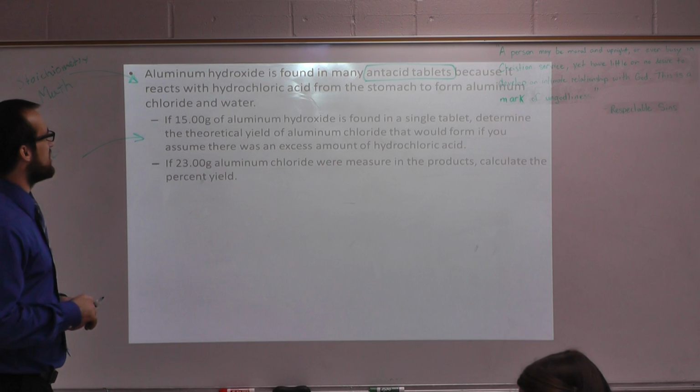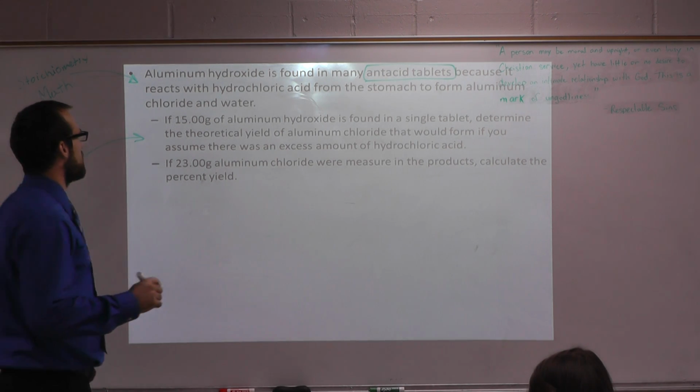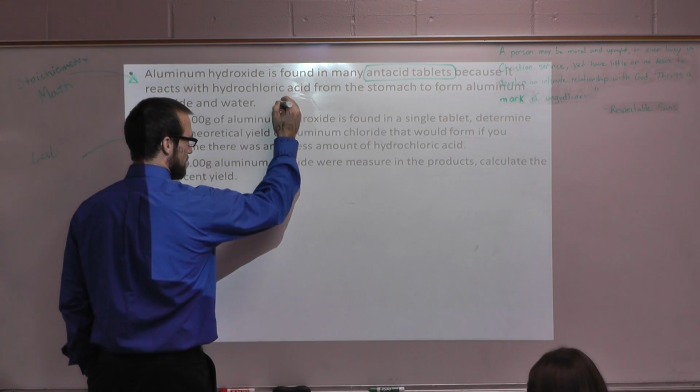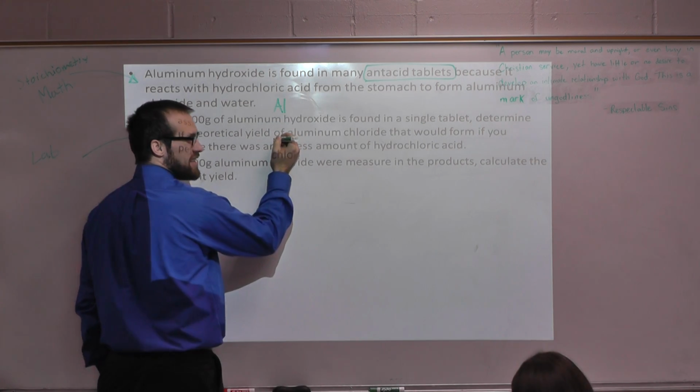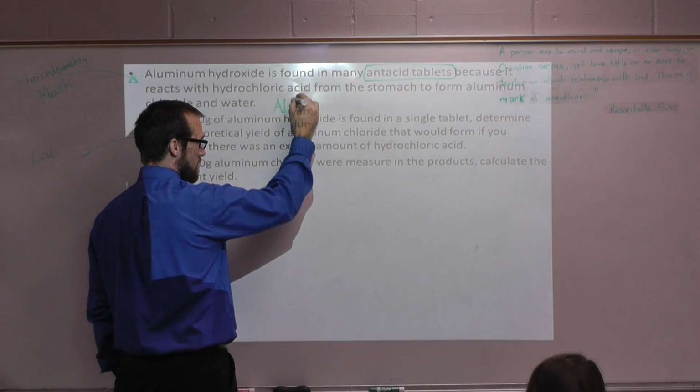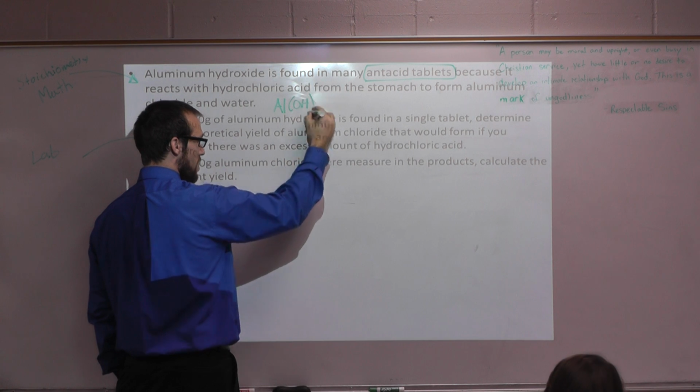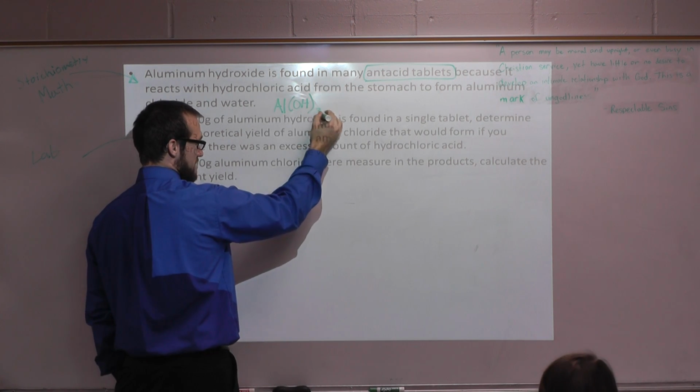Okay, let's quick fire do this chemical equation. Aluminum hydroxide. You guys remember how to write these? Aluminum has an oxidation number of 3+. You guys remember what hydroxide is? OH negative. Okay, 3, 1, crisscross down, voila.